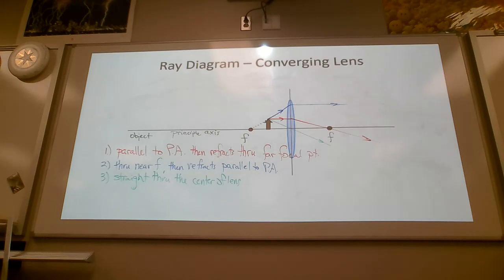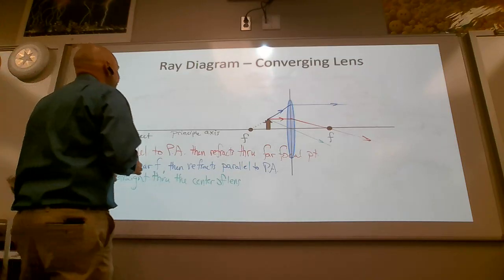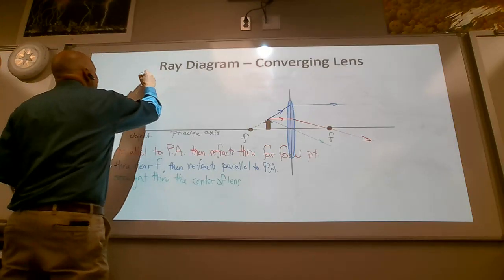So now, coming back here to this example, what do we notice happens to the rays? Do they intersect? Uh-oh. That's not good. Okay.